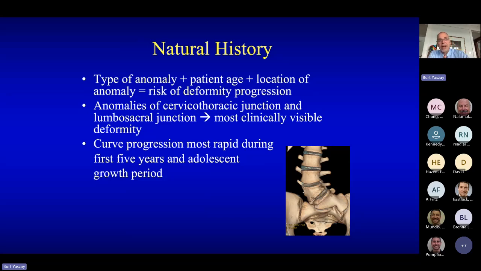A lot of it probably has to do with the fact that at each of these junctions, there's a hemivertebra relative to a rigid area, more constrained versus a flexible area. Obviously, lumbosacral can cause a significant truncal deformity, and cervicothoracic can cause pretty significant head tilt.